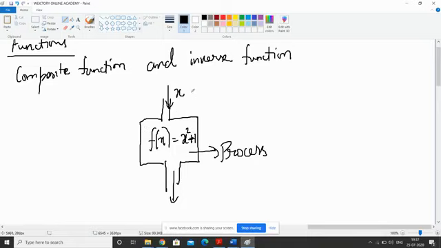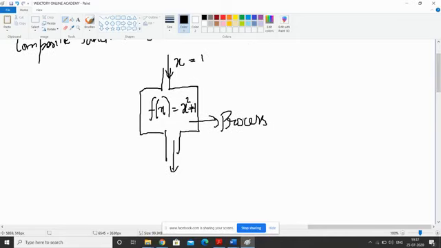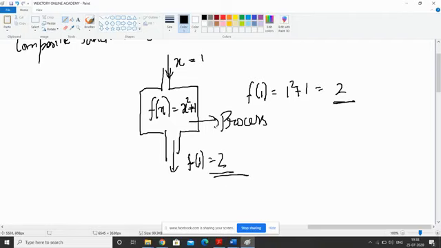So for example, if you give x as 1, what is this machine going to give you back? The machine will take 1 as input, process it as 1 square plus 1, and the function is giving you 2. So when you give 1, the function will give you back 2. That's how functions work.